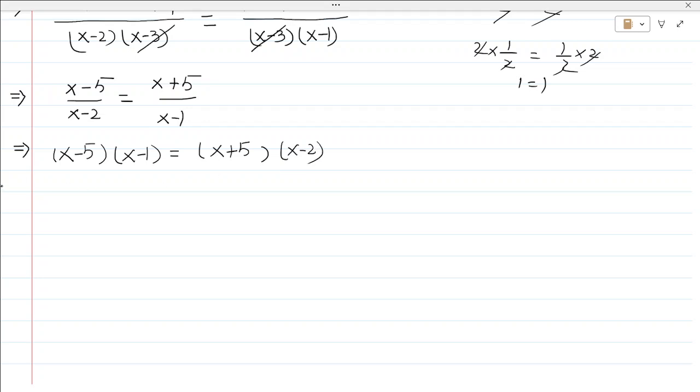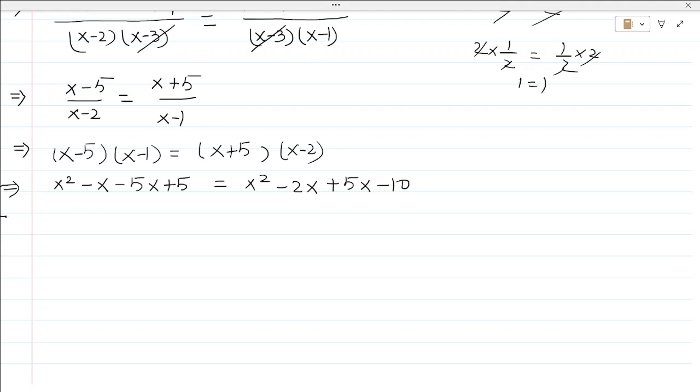Now open the bracket. x square minus x minus 5x plus 5 is equal to x square minus 2x plus 5x minus 5 2s are 10.